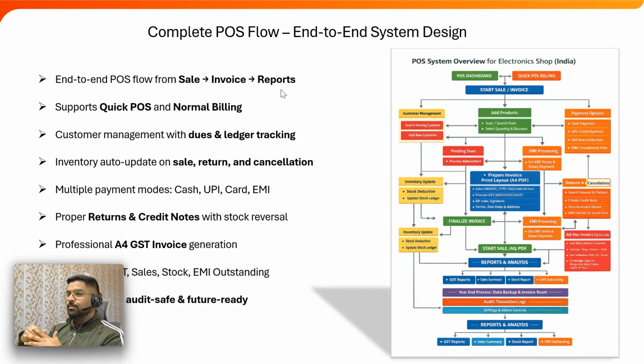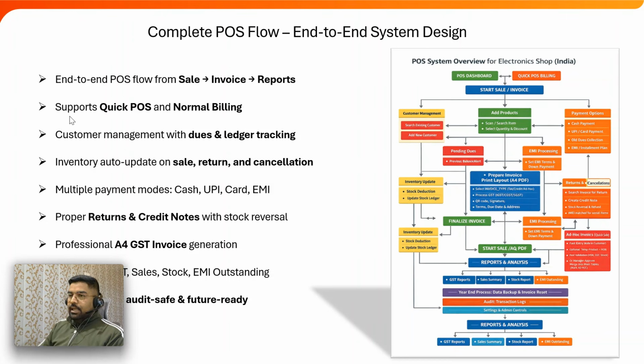What I have done is put all the information into a systematic manner and given it to ChatGPT, or any AI you can use, and told it to create a proper flowchart to understand the information better and see where the gaps are. And if you're not able to find them, tell the AI to cover all the corners of POS, take it step by step, and it will give you a proper flowchart.